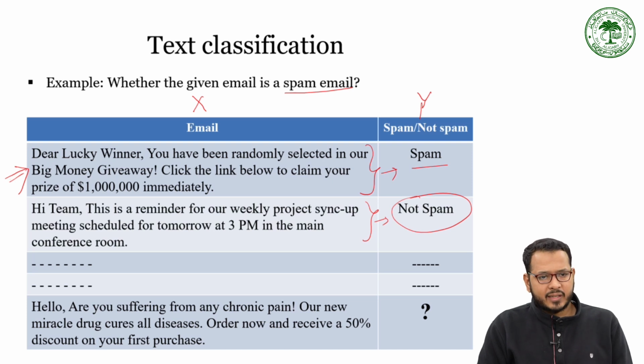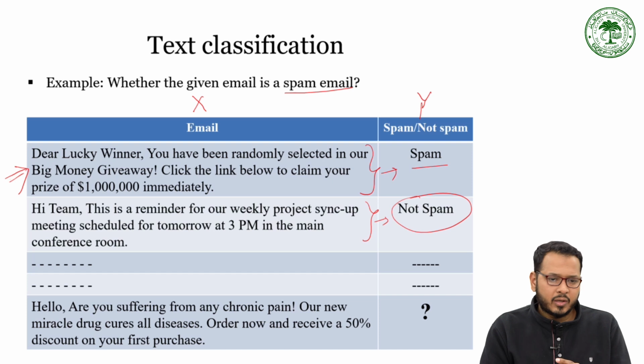But in the case of text classification, the problem then becomes how we will arrange this data in a way that it can be fed into the model, whether the traditional model or the deep learning based model. For that, we have to do some very specific preprocessing techniques which make sense only in the case of text classification, to make our data in a form so that it can be fed into the model, and then the model can do the final predictions. So we will look at all these preprocessing steps also in this lecture.